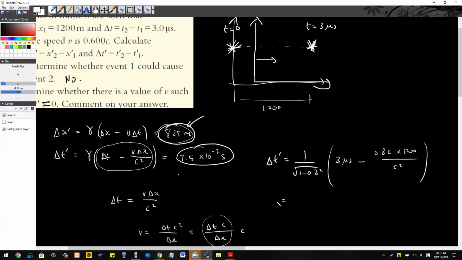Let's have a look. So it's 3 times 10 to the power minus 6. I'm just going to use my calculator, because I'm a bit faster with this. 1,200 divided by c squared, which is 3 times 10 to the power of 8 squared.